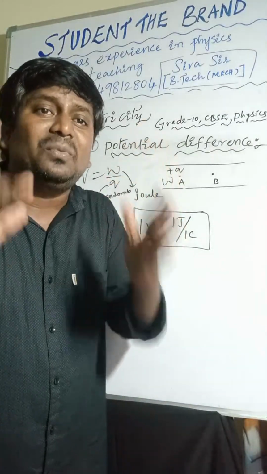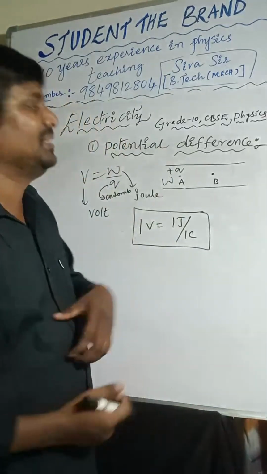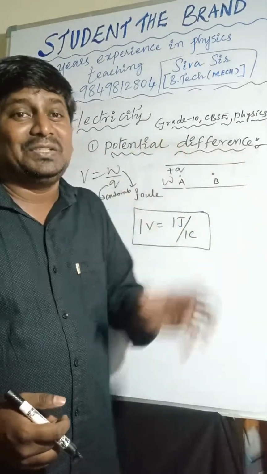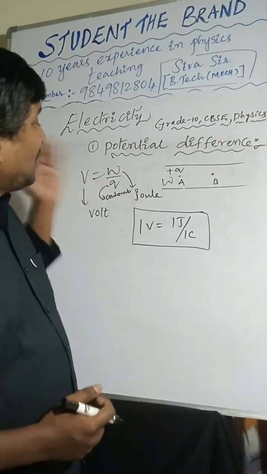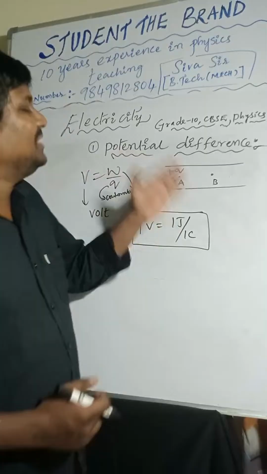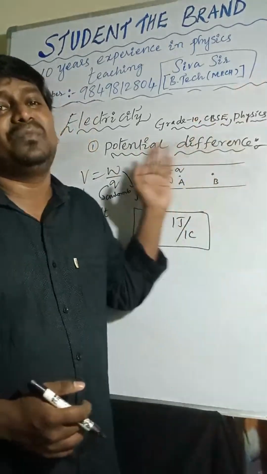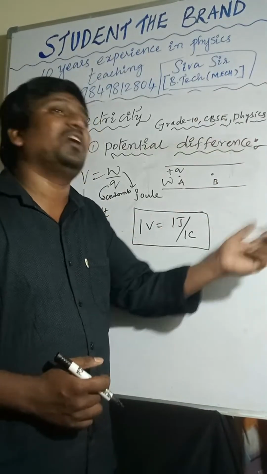That is nothing but 1 volt equals 1 joule by 1 coulomb.